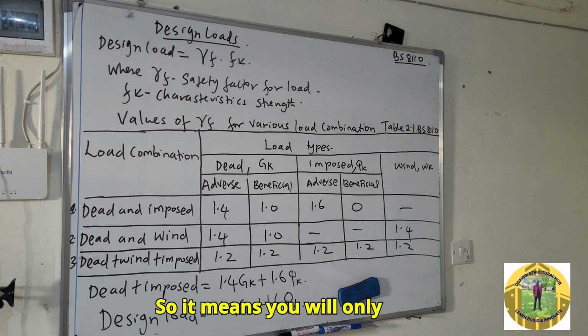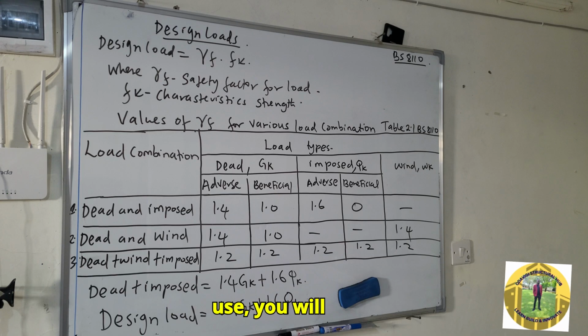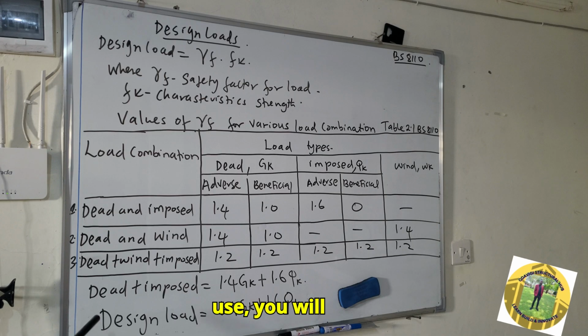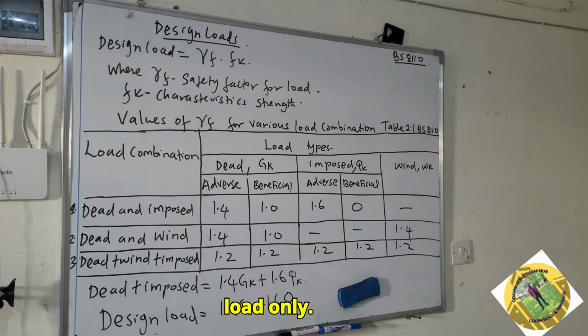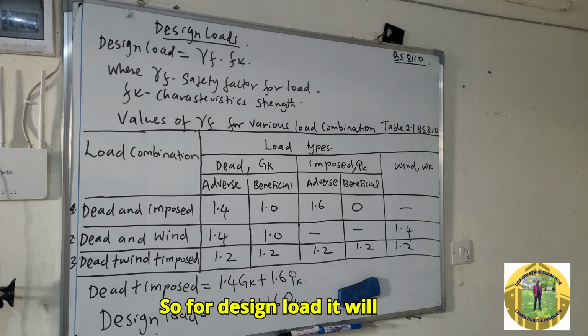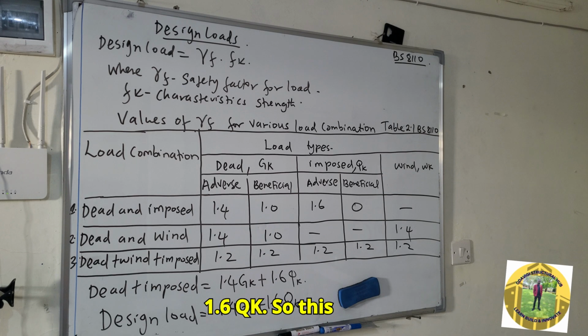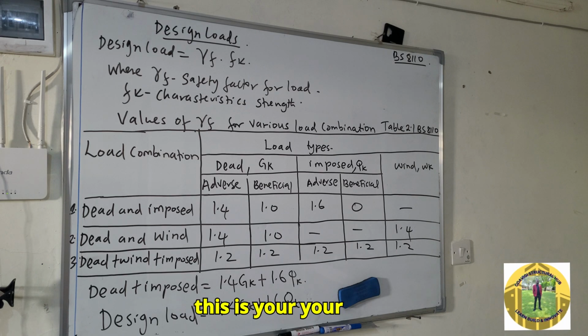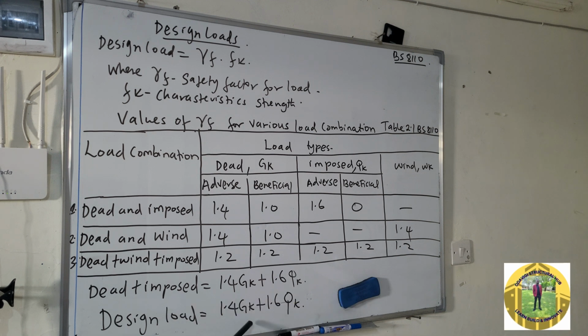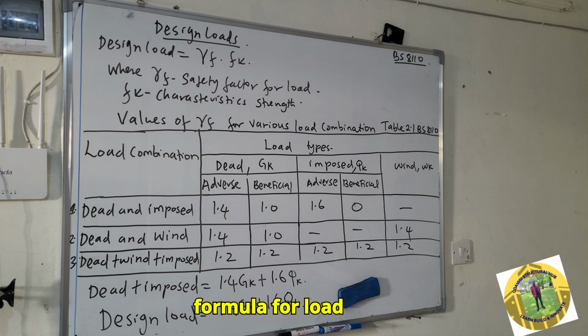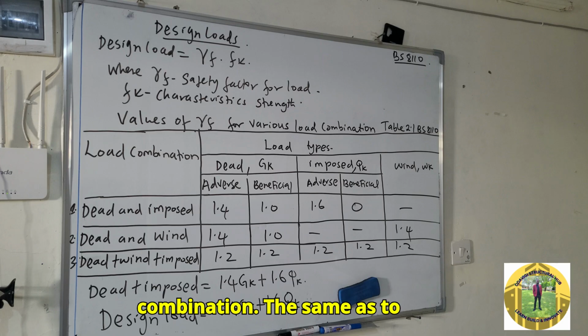So it means you will only use dead and imposed load only. So for design load, it will be 1.4 GK plus 1.6 QK. You should be using this formula for load combination.